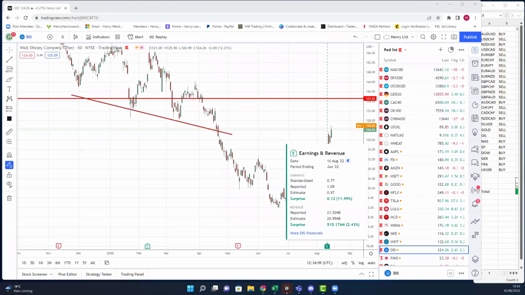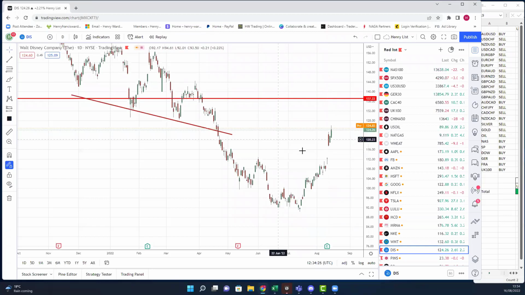Okay, so one of the big reasons for a jump in the likes of Disney is there is potentially a big investor who has bought up some of their stock. Also you have the earnings that have come out as well. So earnings were pretty good.